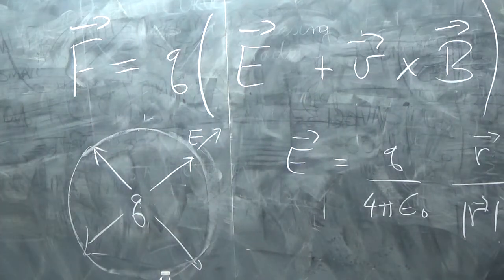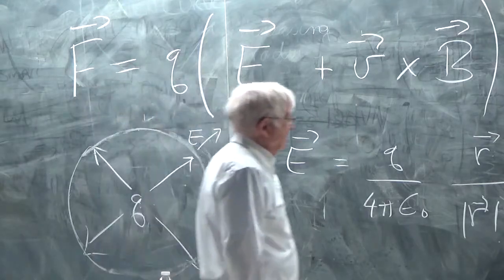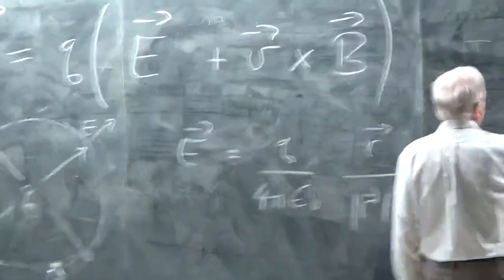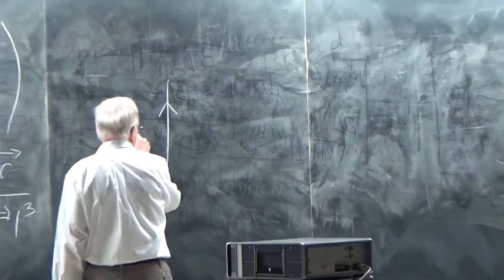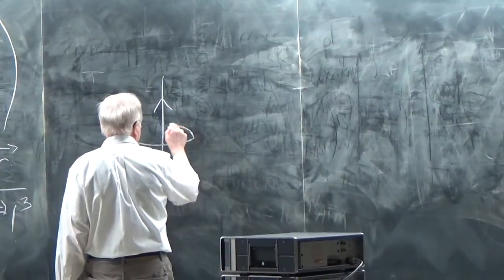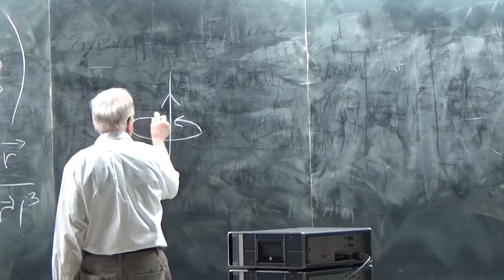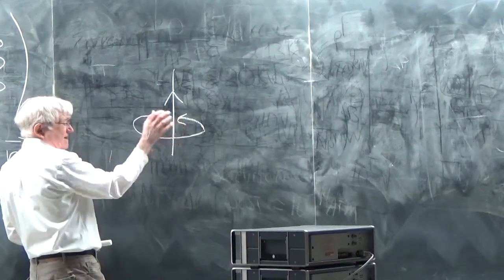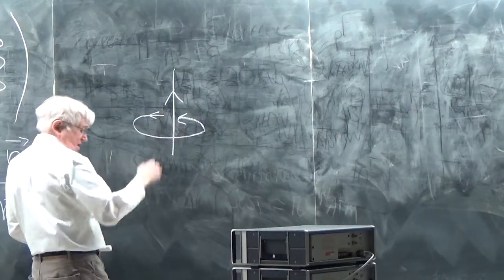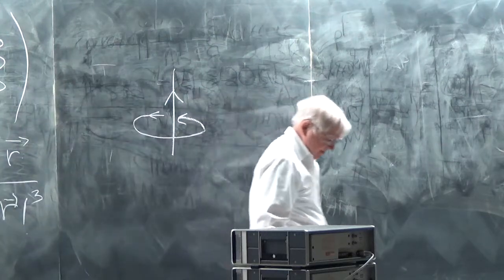Moving charges make magnetic fields, and basically if you have a current, say, going this way, then it makes a magnetic field that does that. So it makes a magnetic field that goes around the current.